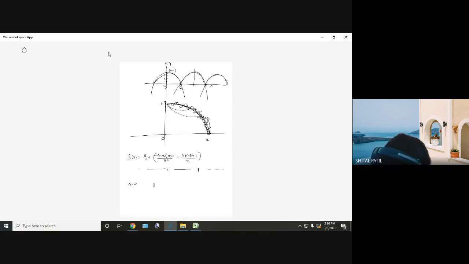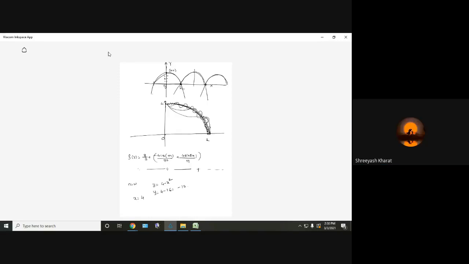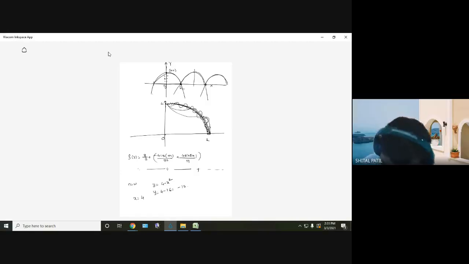If it is y, what is the function? y equal to 4 minus x square, right? So if x is equal to 4, then 4 minus 16, that is -12 will come. Then show that on the graph. y equal to 4 minus x square.